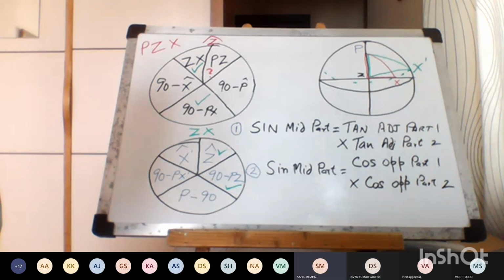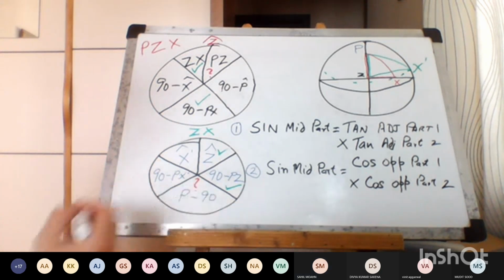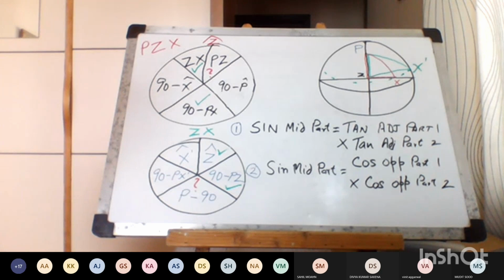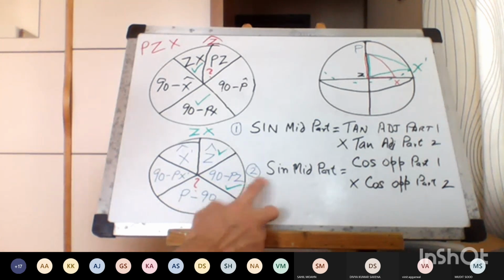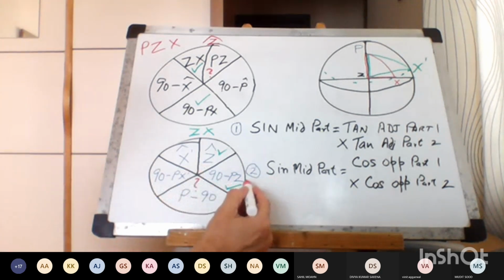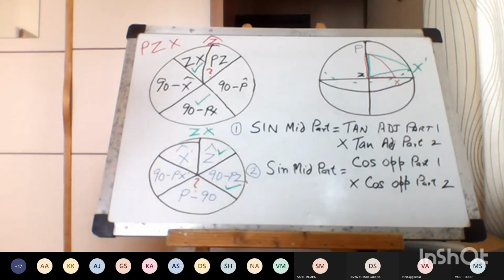And from the GHA I can find my longitude. So I have to find angle P. Which formula can I use now? First one, sir. Yes, I can use the first one. I can put this as the middle part. Sine middle part, tan adjacent part into tan adjacent part.